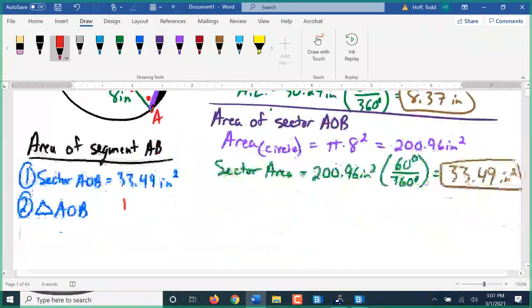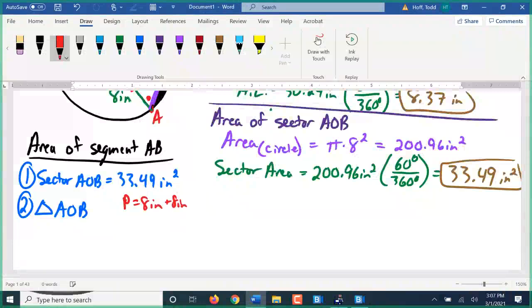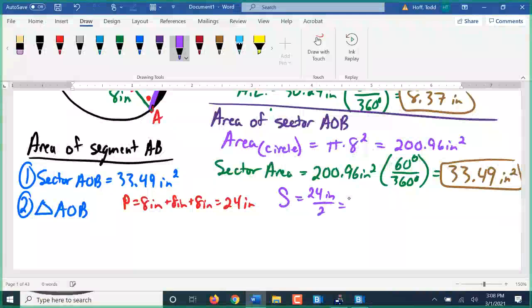So that means our perimeter, 8 inches plus 8 inches plus 8 inches, 24 inches. Our semi-perimeter, 24 inches over 2, or 12 inches.